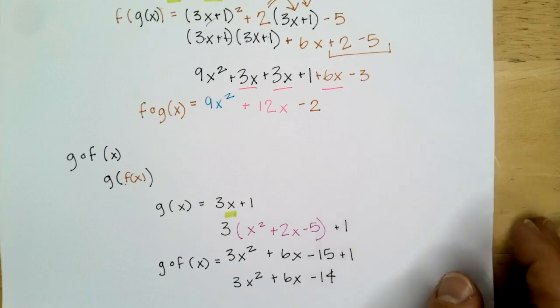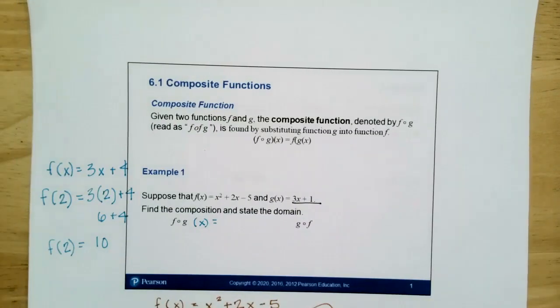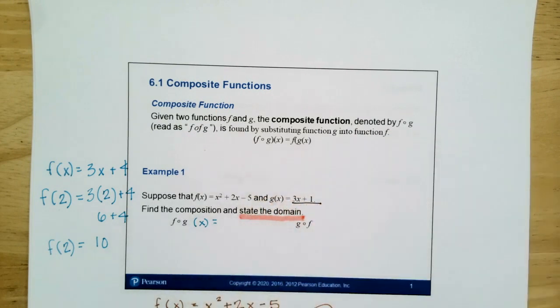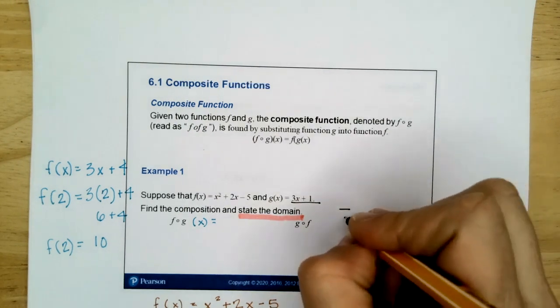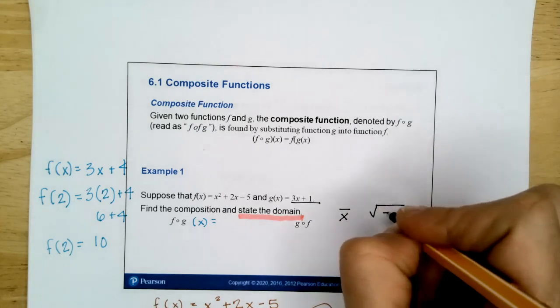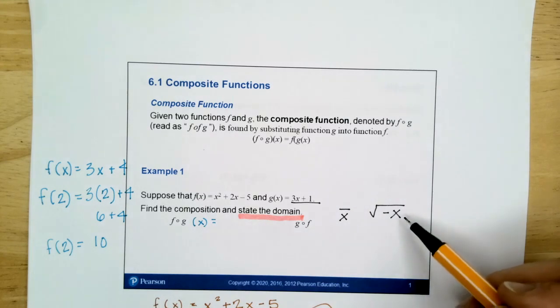All right. And then it also said, let us not forget, it asked us to find the domain. The domain is going to be all real numbers, except we're going to exclude any value that causes us to divide by 0 or that causes us to have a negative number under the radical.